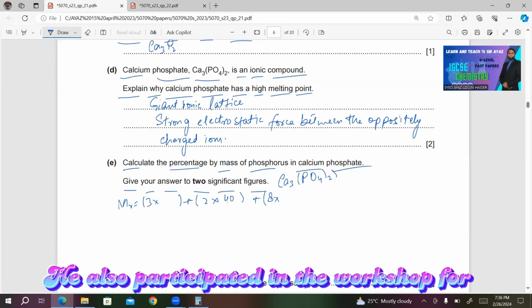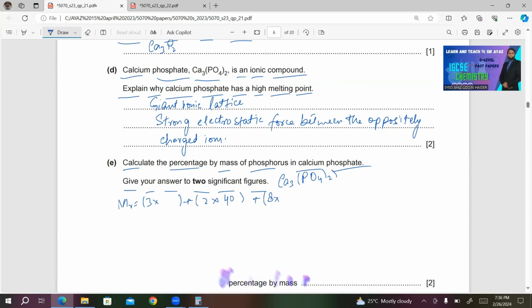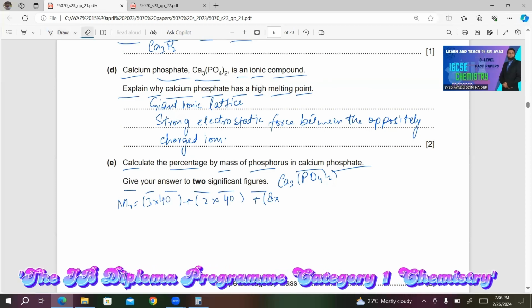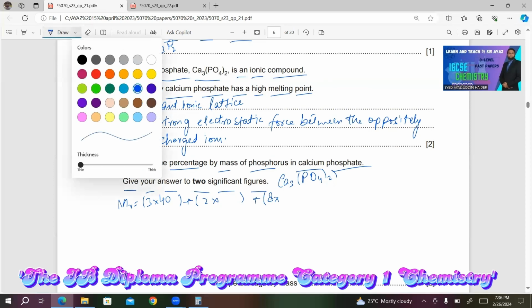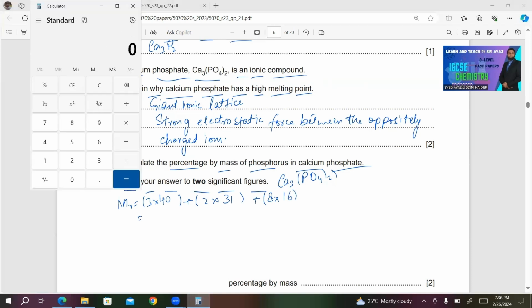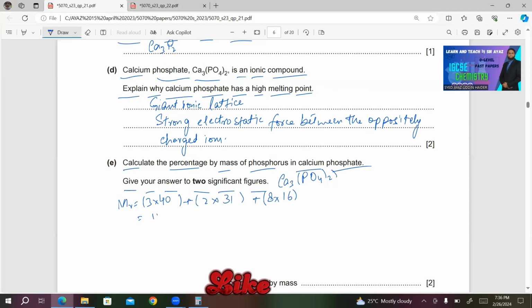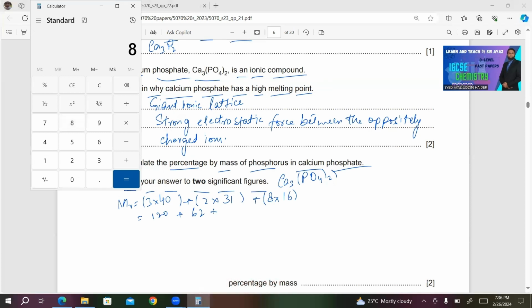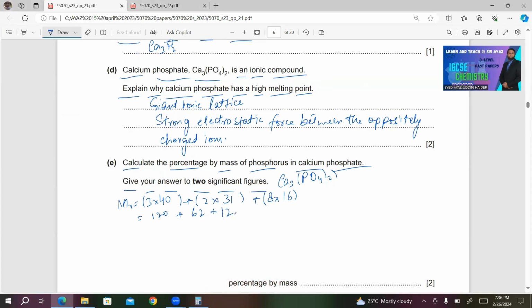So 3 multiplied by 40, we will get 120, plus 2 multiplied by 31, we will get 62, plus 8 multiplied by 16, we will get 128.